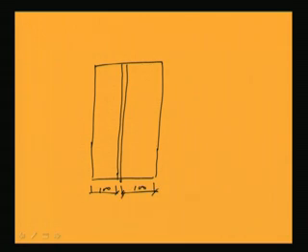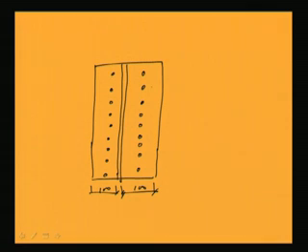Then let us assume the edge distance as 40 and the pitch we have already considered as 50. So 9 rivets are there: 1, 2, 3, 4, 5, 6, 7, 8, 9. In this way I can provide 9 rivets in this place also.